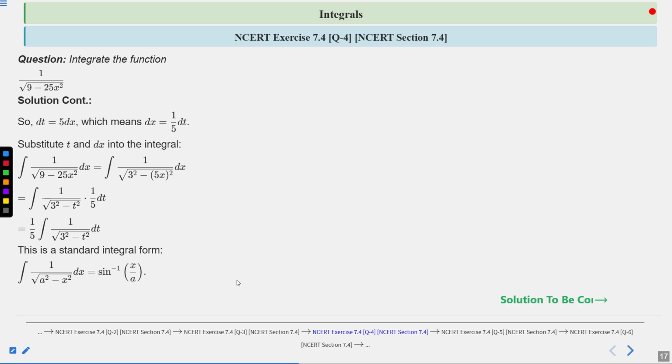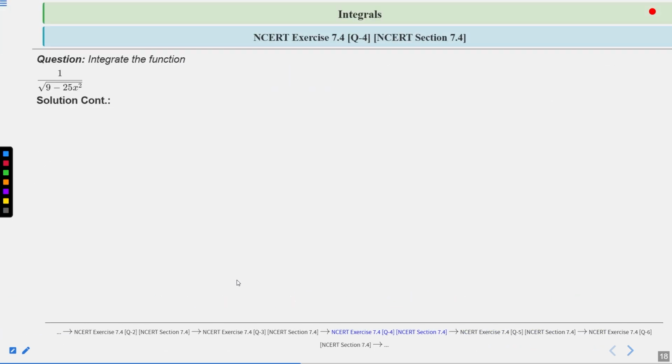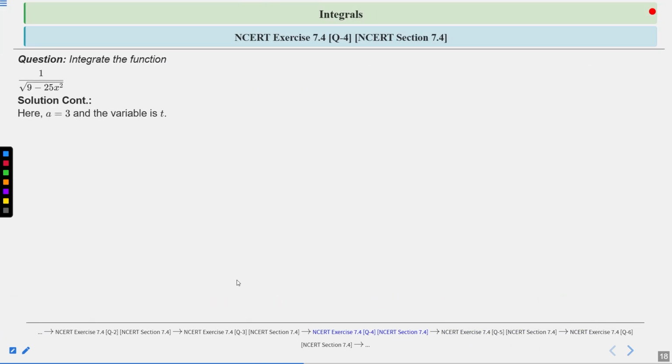Now here we can observe that a is equal to 3 and the variable is t. So the integral will become 1 by 5 sine inverse t by 3 plus c.